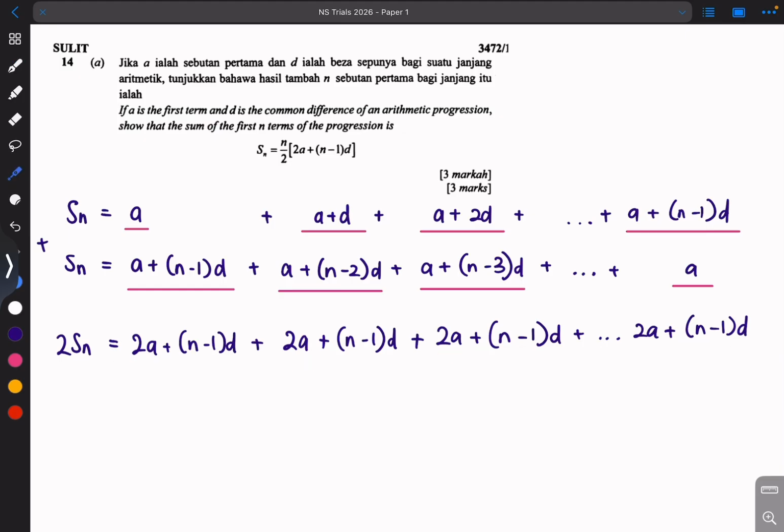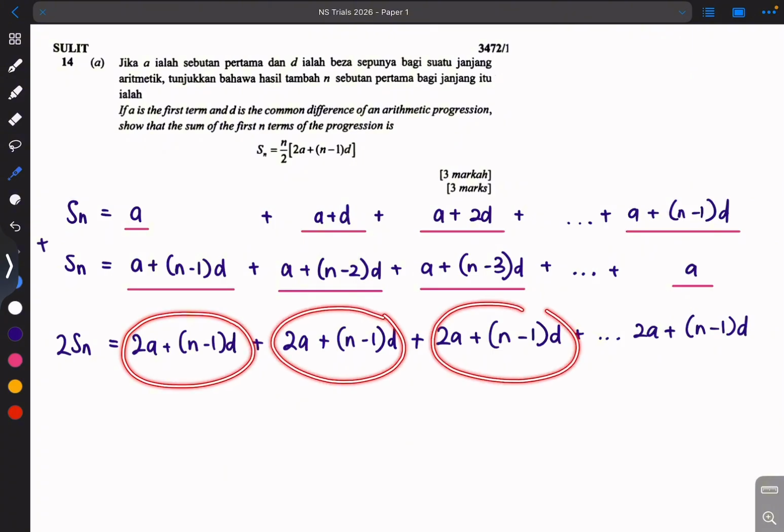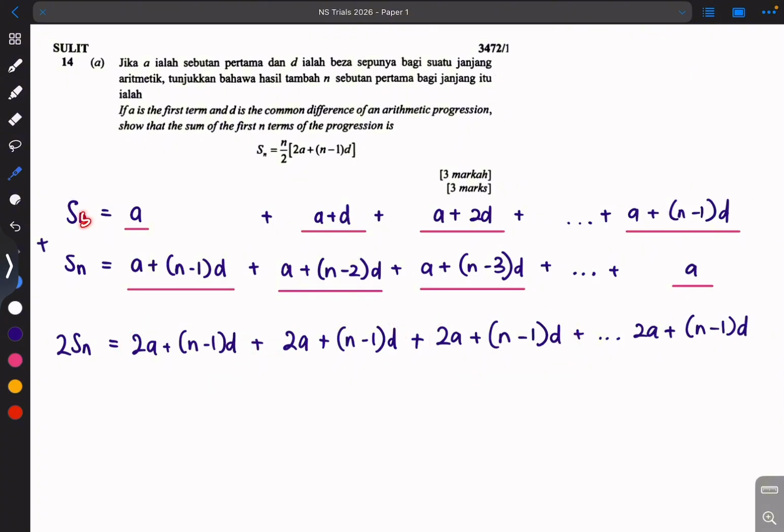Okay. So we don't know how many, but we know it will be as many as n. So if you have 5 terms, that means you will have 5 of this plus 5 of this, right? So we can conclude that 2Sn would be n number of 2a plus n minus 1d.